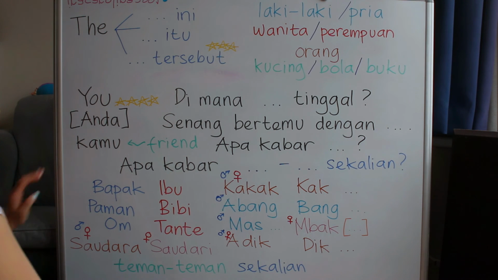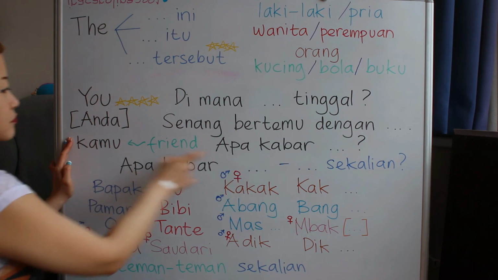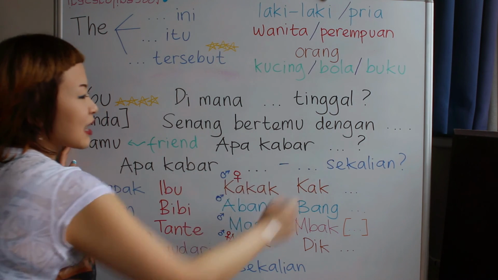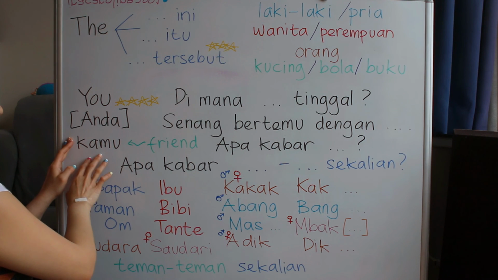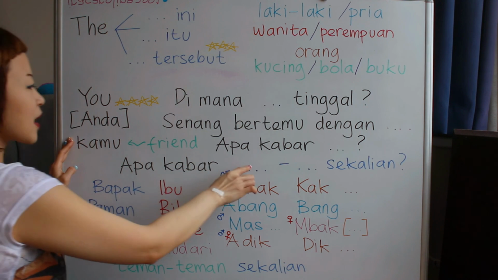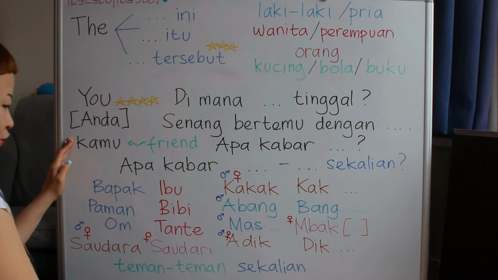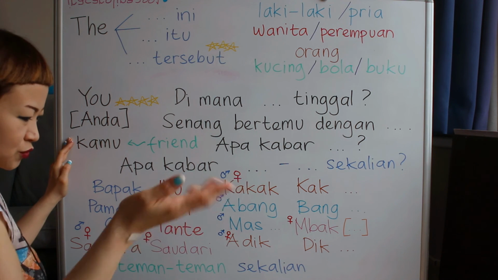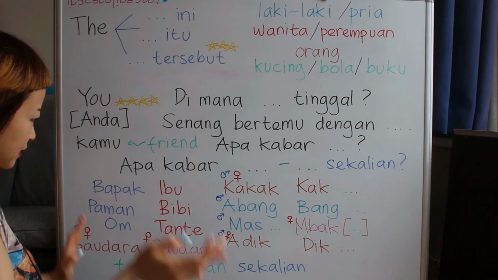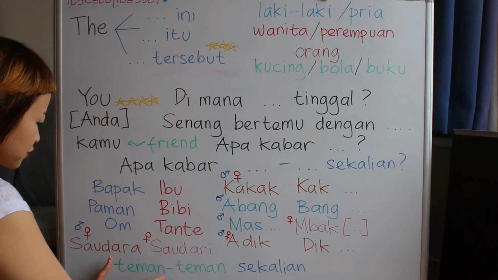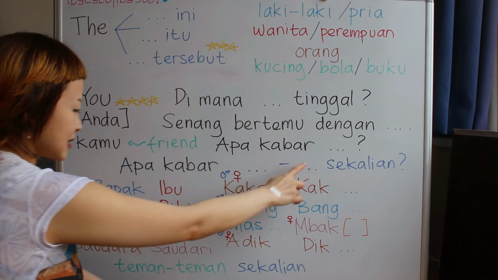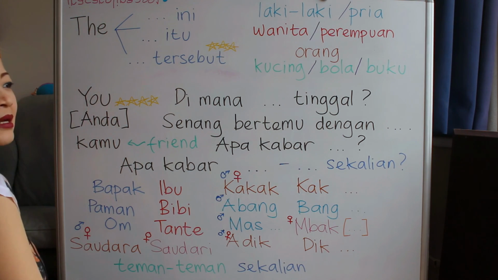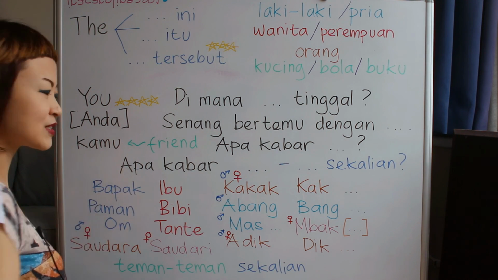In this case, we don't put kamu sekalian because it's not polite. So instead of saying apa kabar kamu sekalian, we say teman for "you" as friends, but more than one. That's why the color is the same as this one. Apa kabar teman sekalian? How are you, friends?